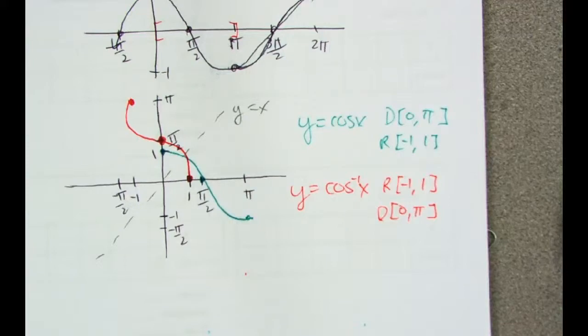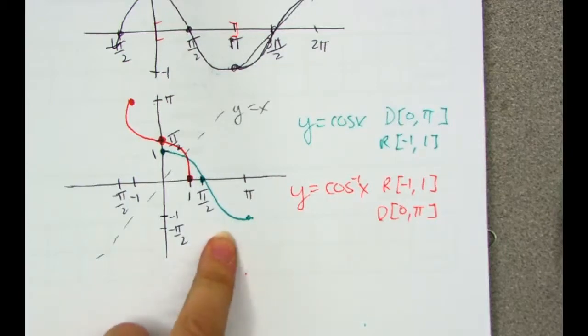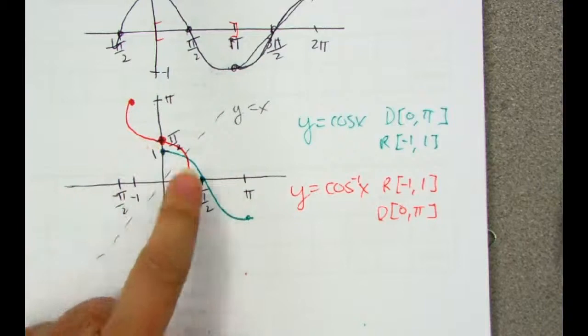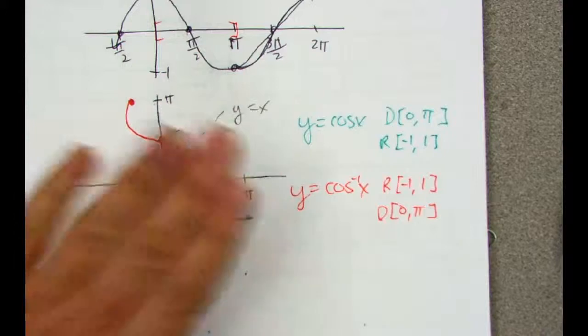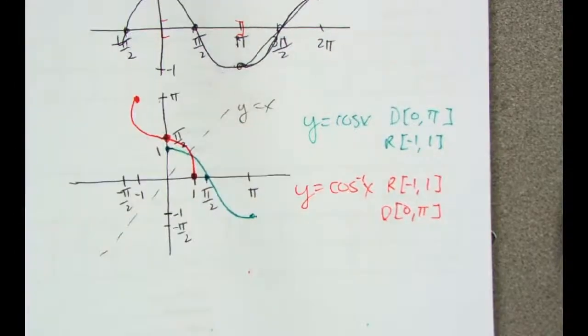So sine and cosine, if I restrict it like the parabola, I will have an inverse function. And I only switch out the x's and y's on that piece that has been restricted. So the blue-green comes from cosine. I restricted it, and I just took those 3 key points and reversed the x and the y. Then to sketch out how it flows, I just drew this line to see if it gets reflected this way. Otherwise, I could plot a whole bunch of points to figure it out.